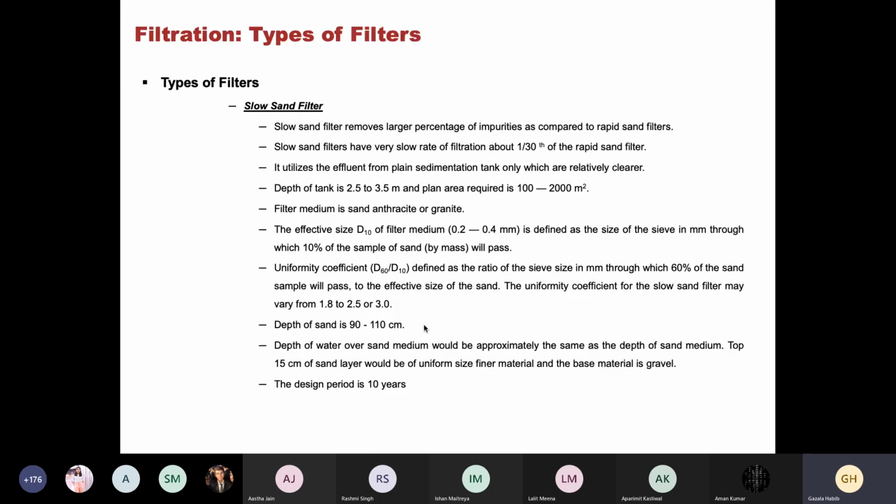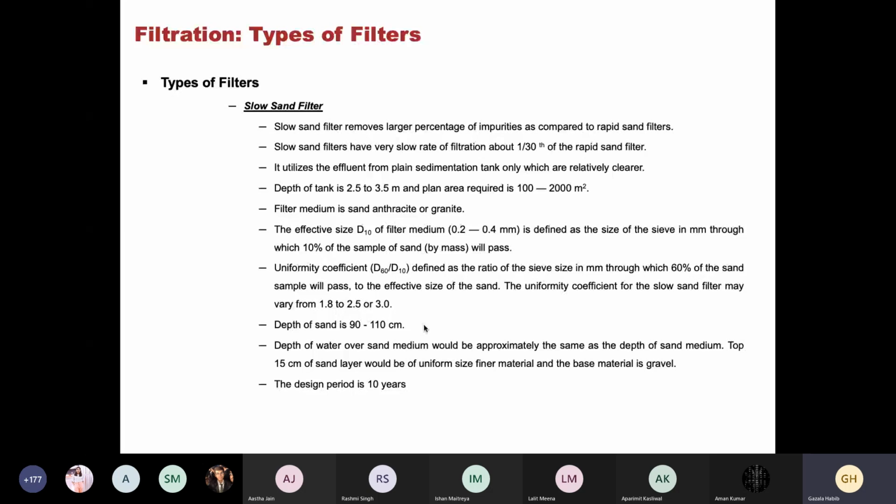Basically, the slow sand filter will have very fine sand particles. Therefore the voids between the sand particles will be very small, and the percolation rate will be lower than the rapid sand filter. Rapid sand filter will have larger sand grains. So this is the basic difference.